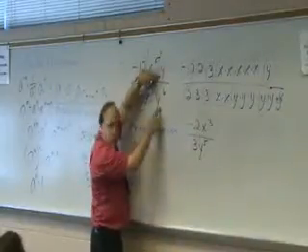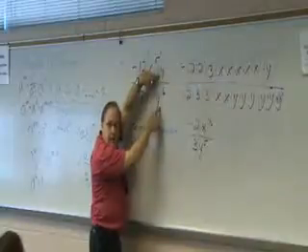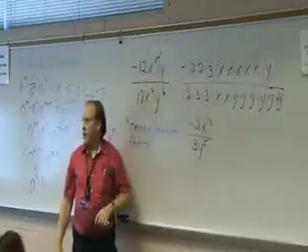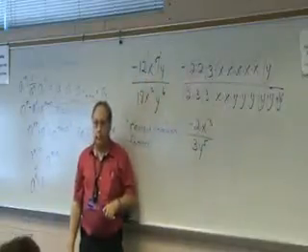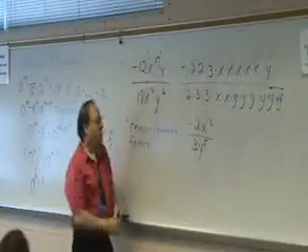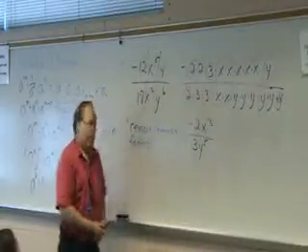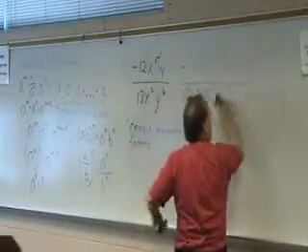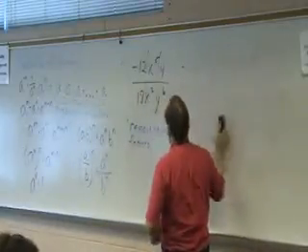If I remove 1 factor of y from each, I have 5 factors of y left in the denominator. Not bad, is it? Okay. And so, again, you can see why that works.